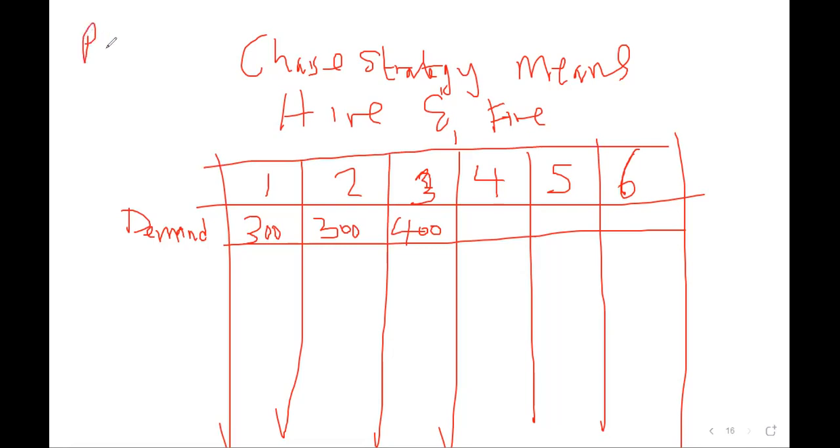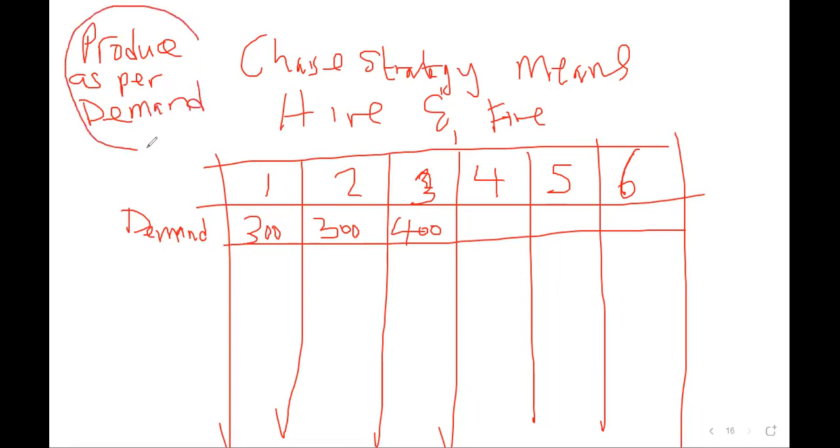Here it means produce as per demand. So we have those ones. So 300 here. Then you have also a 300. Then you have also a 400.